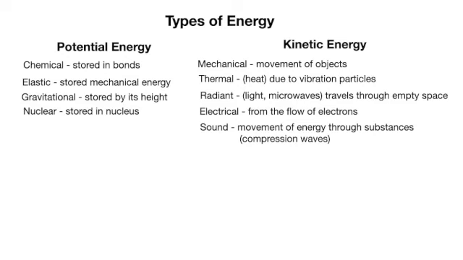Radiant energy is like light or a fire, when heat travels through empty space. The marshmallow doesn't have to touch the fire, but it still gets hot because there's radiant energy traveling through space. Electrical means electricity, the flow of electrons, and sound is, of course, you can hear me, so there's sound energy there.